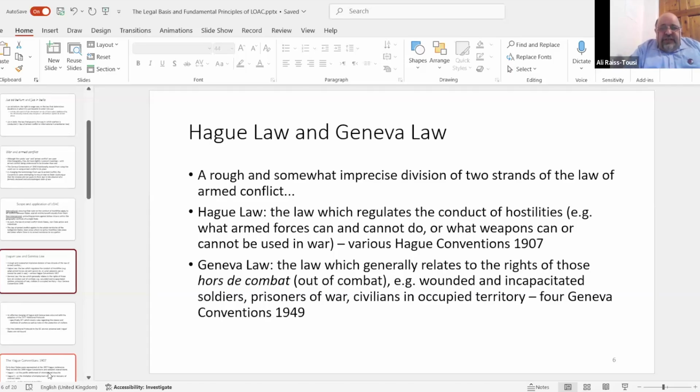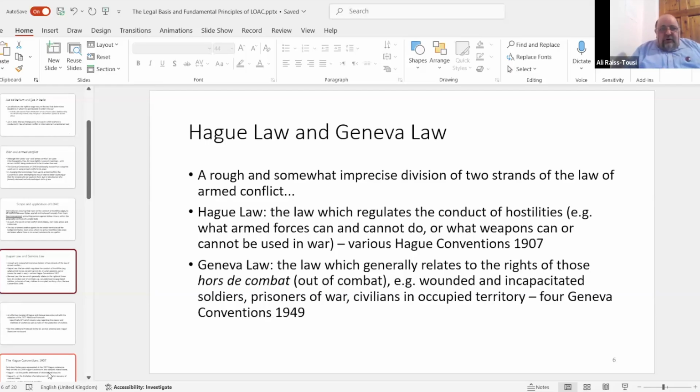And these treaties regulate the conduct of hostilities. That means they regulate what the armed forces of State A and State B can do or cannot do when they are confronting each other, what weapons they can legitimately use or what weapons they can't.